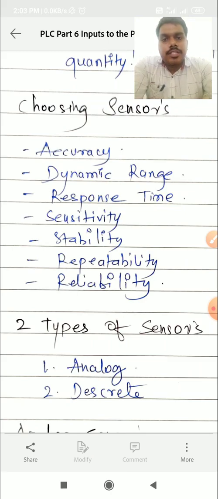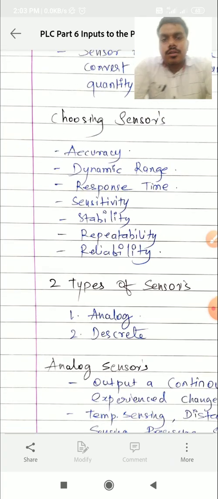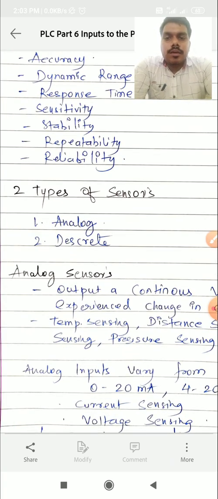Response time: how quickly the sensors react. Sensitivity, stability, repeatability, reliability. Remember these important points: how the sensor should work and what qualities it should have.